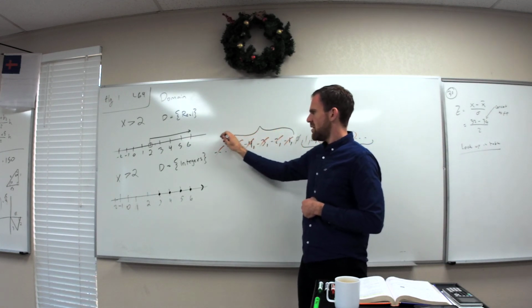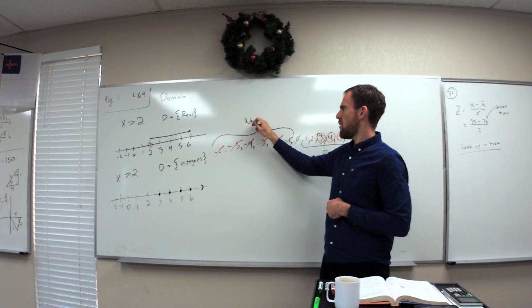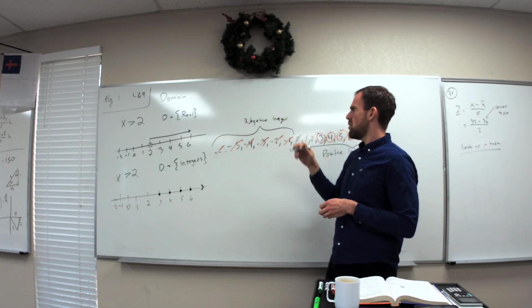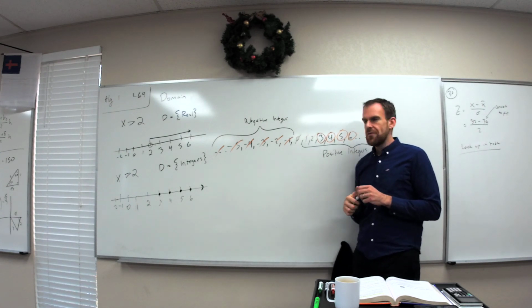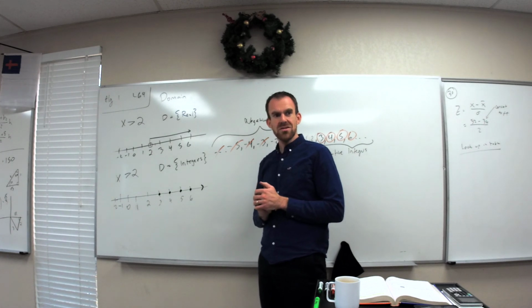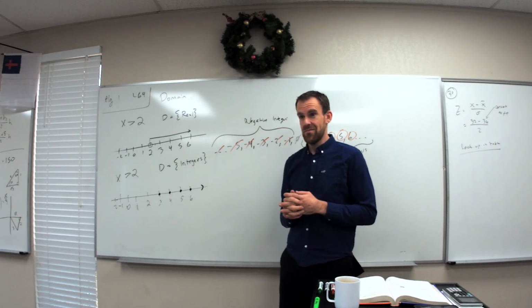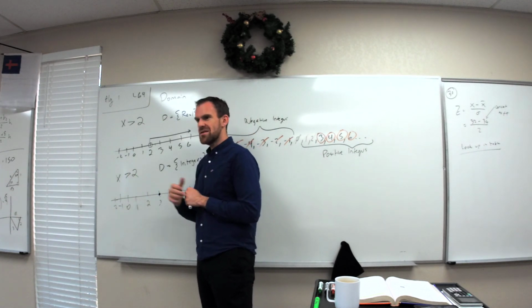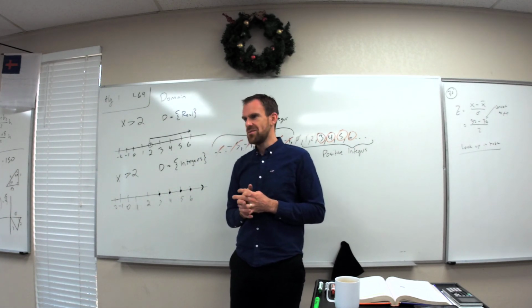These are the negative integers. Okay? So, if you're doing your number line and they say this with negative integers, you would draw nothing. You would just draw the number line. Why? Because there are no negative integers that are greater than 2.